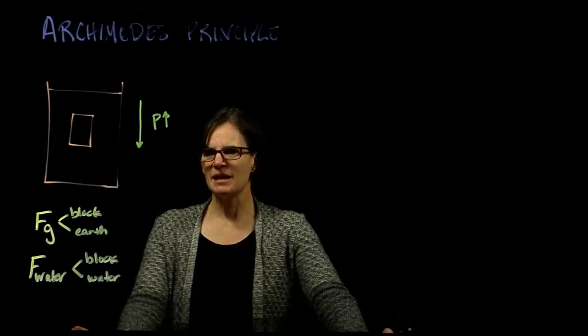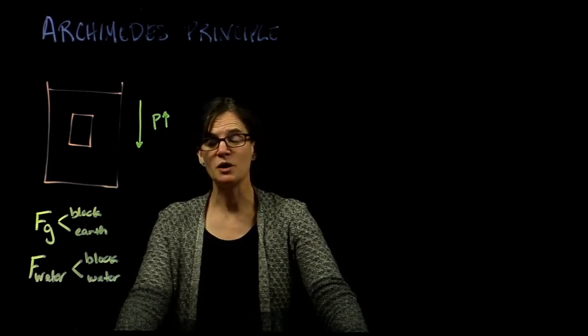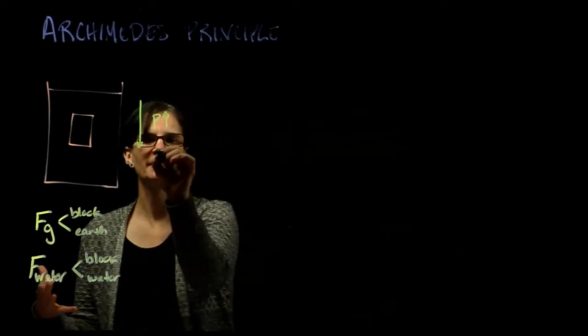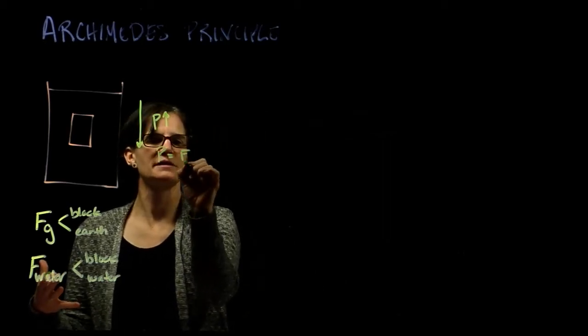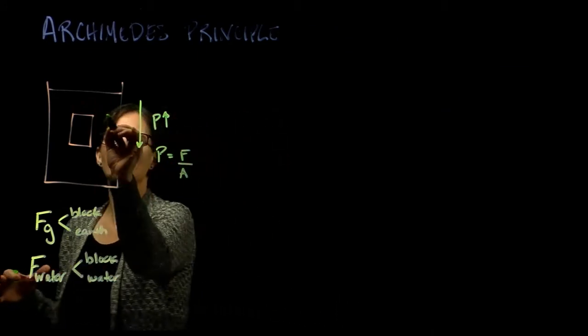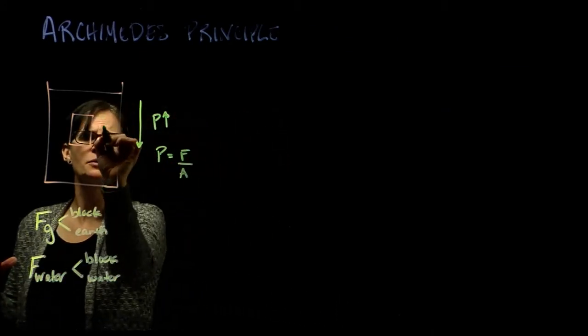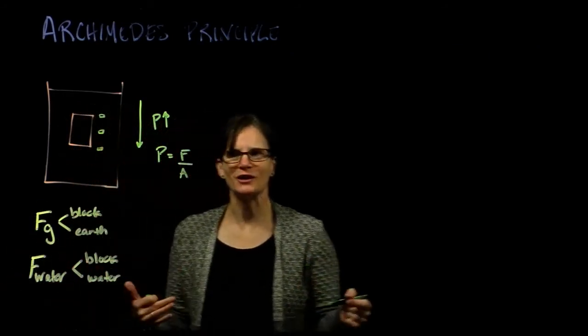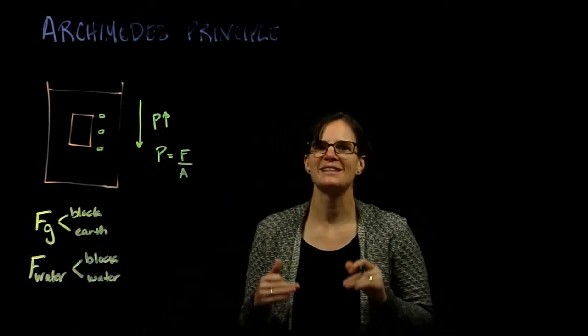So let's think about why that might be. Well, we know that pressure was what? Well, pressure, remember, is the force per area. So let's imagine little bits of area throughout this water. And look at how the force might look for those same size pieces.